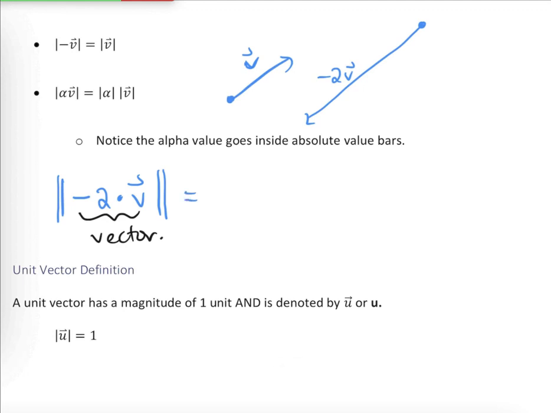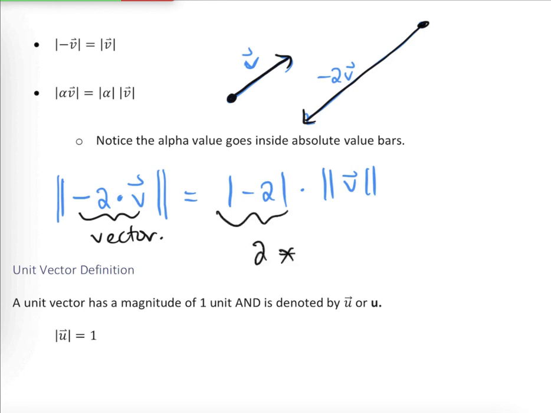So the length of this vector, or the magnitude of this vector, is going to be the absolute value of the 2 times the magnitude of the original vector v, right? So however long this original vector was, the magnitude of negative 2v is going to be twice as long as the magnitude of the original vector.